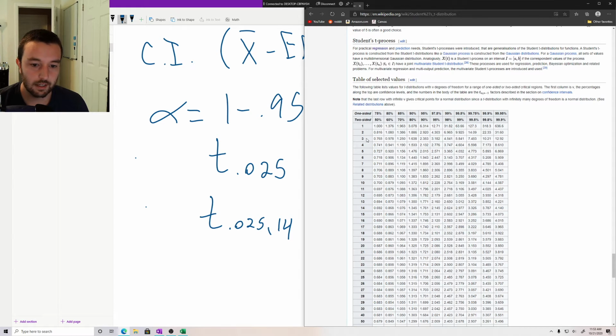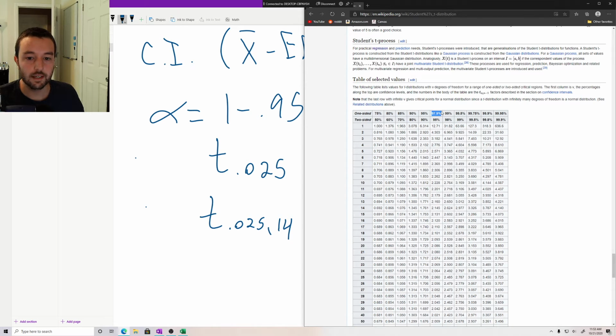So we need 0.025 and 14. On the left side, this is listing the degrees of freedom, so we're going to 14 right here. And then on this part, you notice that there's a one-sided and a two-sided. Basically, the one-sided is the area for one side. This is the left side specifically, since we have 2.5% on the right side, it would be 97.5% on the left side.